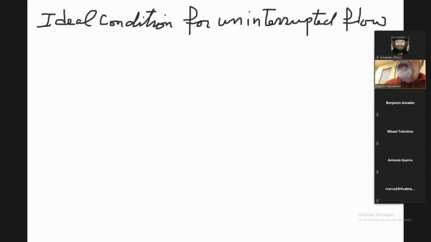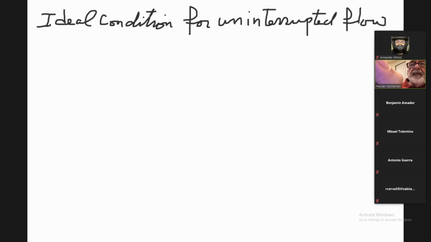What is the uninterrupted flow we talked about last time? You are not getting interrupted. What facility is uninterrupted flow? It's freeways. Because on the freeway, you are not interrupted by signals, signs or anything. So that's uninterrupted flow. So what would be the ideal condition?